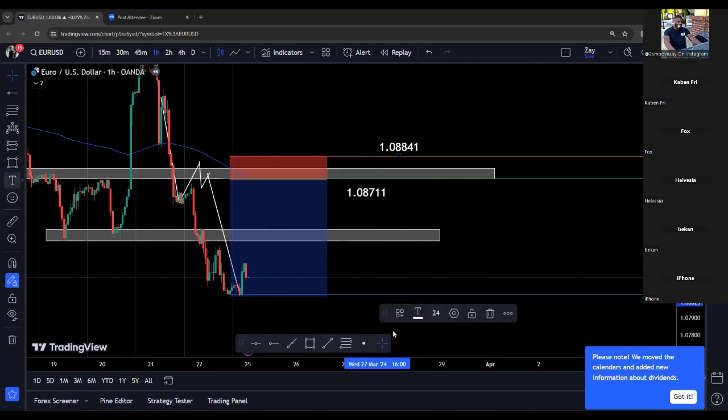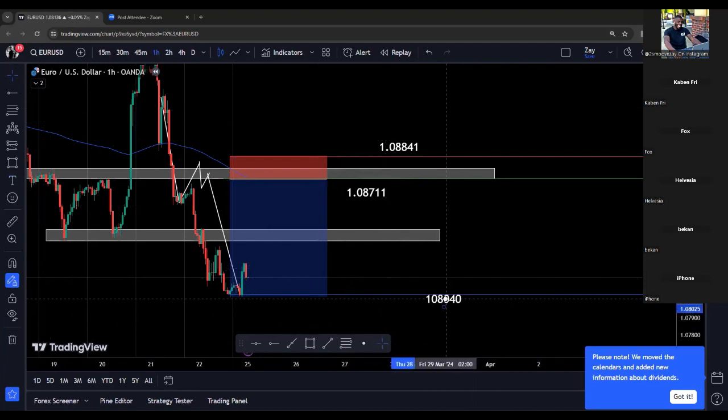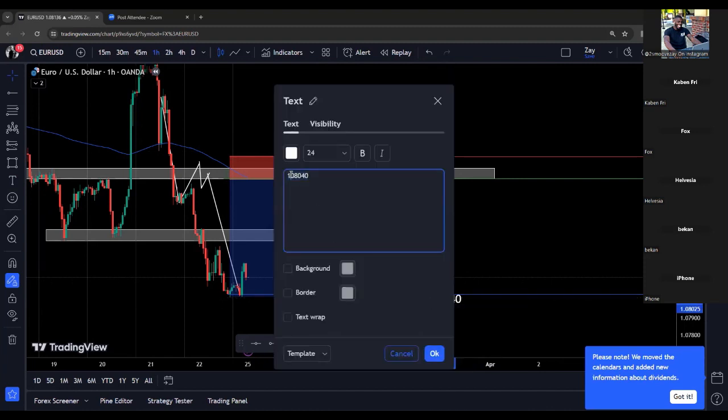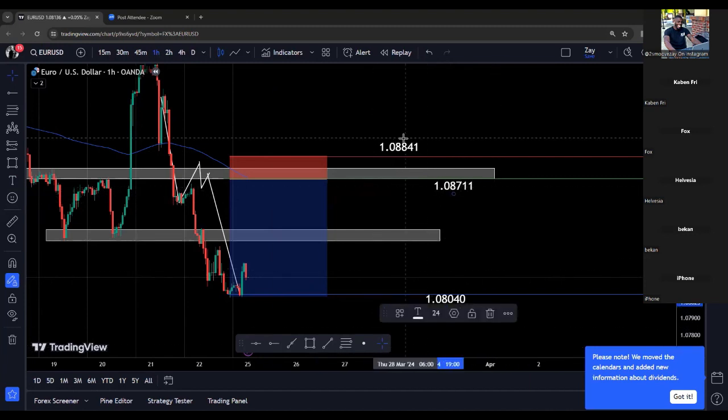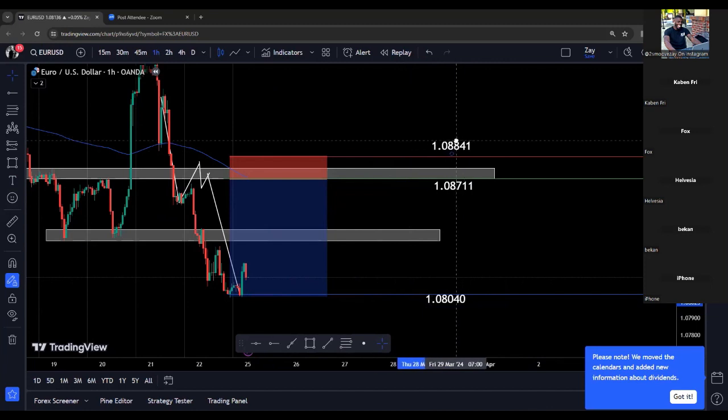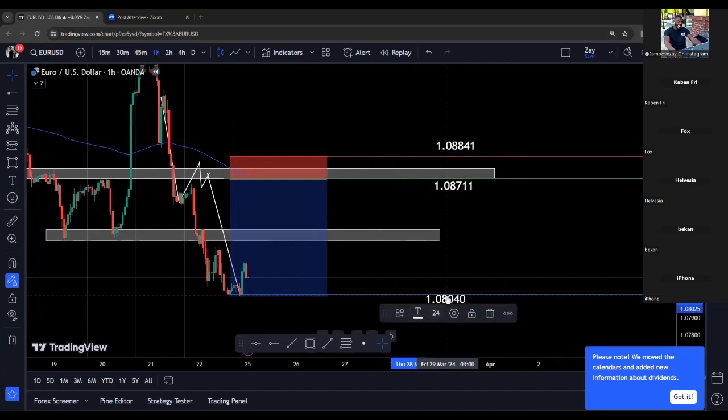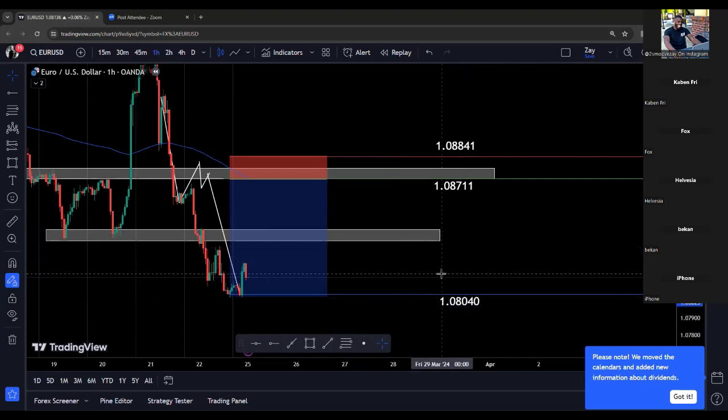And take profit: 1.08040. You've got good eyes. Now let me put them all right here so we can look at them together.